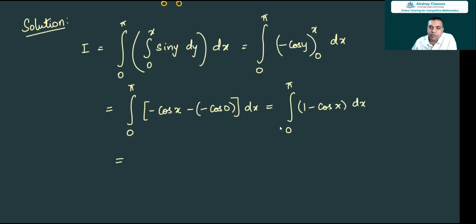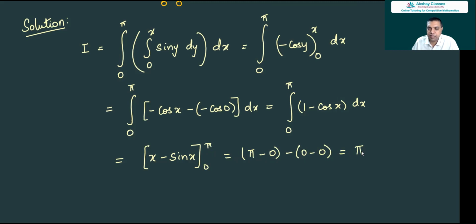So this will be integral 0 to pi. This is x minus sine x when we integrate, and now apply the limits 0 to pi. So we'll get pi minus 0 minus of 0 minus 0.